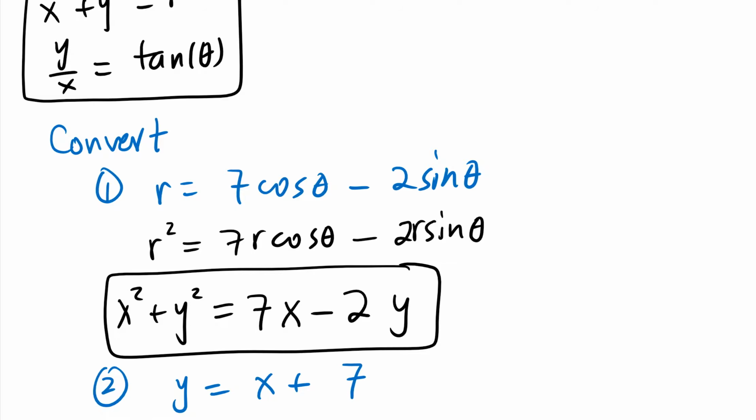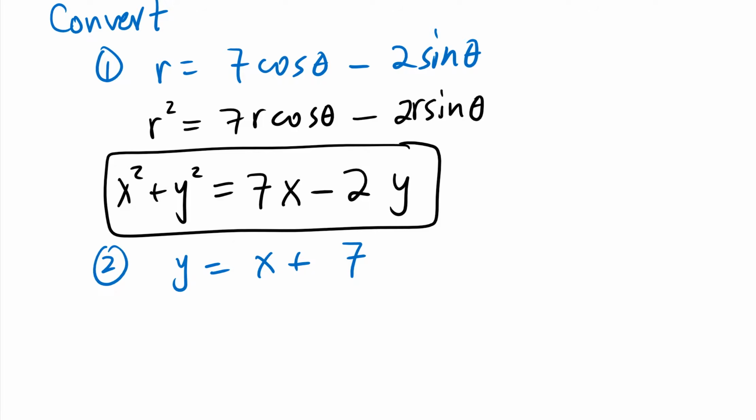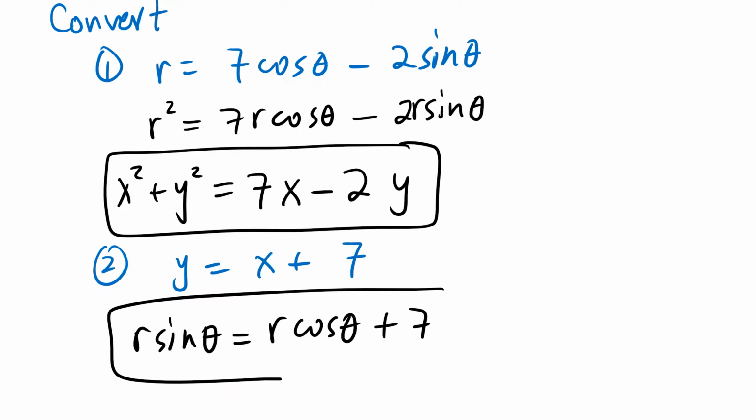So now what I did, I converted everything from polar to rectangular. Next one is xy. We need to get it into r theta. What is y? Y is r sine theta. What is x? R cosine theta plus 7. That's all you need to do.